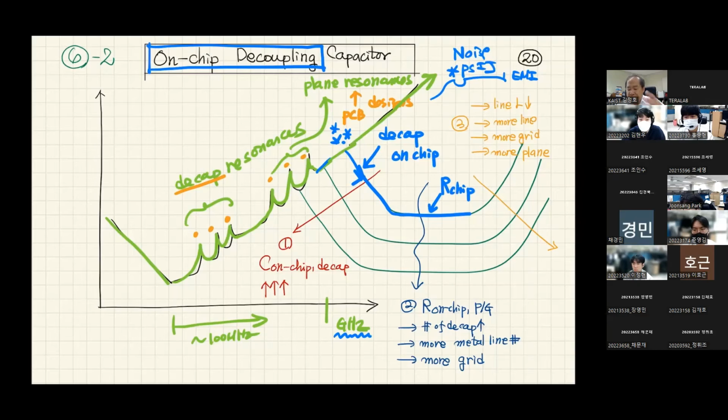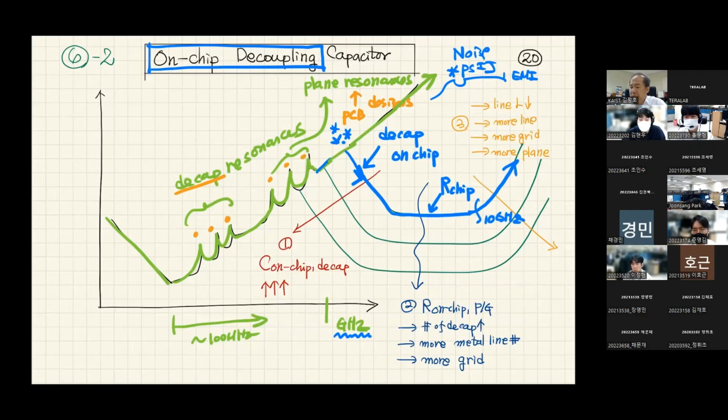In PCB the size of interconnection is micrometer or 100 micrometer range, but inside the chip it is nanometer range. So because of that, it is limited as R chip, and eventually again it is going up. Impedance is going up because on-chip interconnection also has inductance of 500 femtohenry or 10 femtohenry, and maybe this range may be 10 gigahertz.